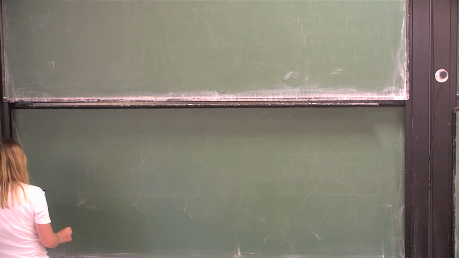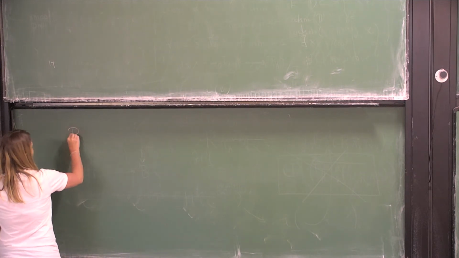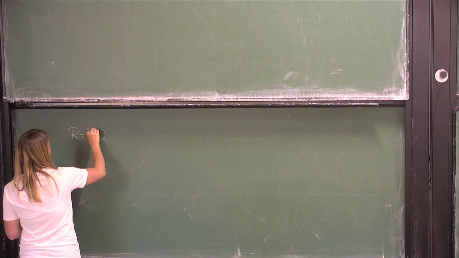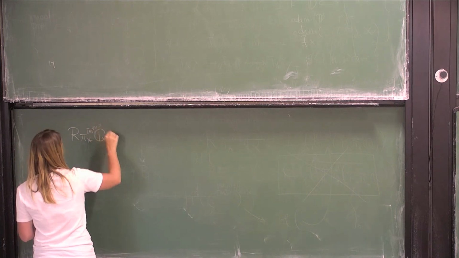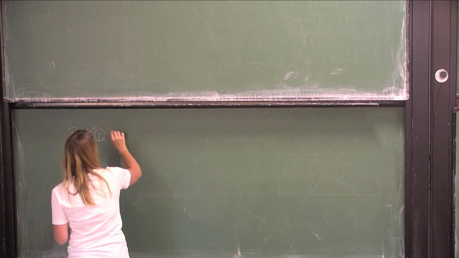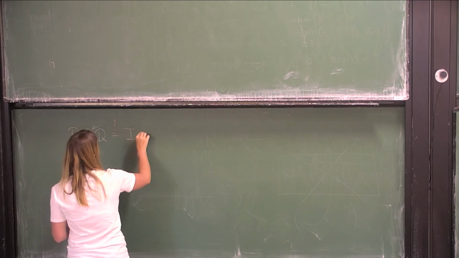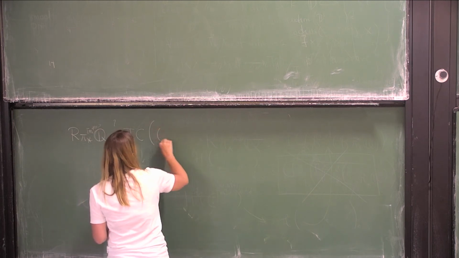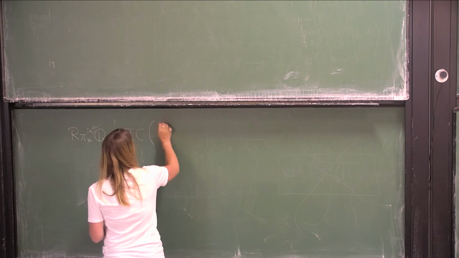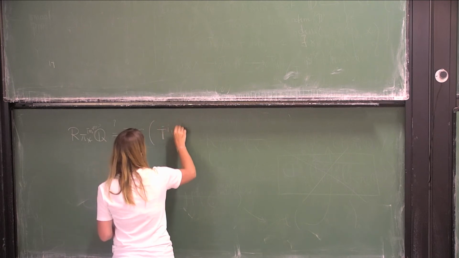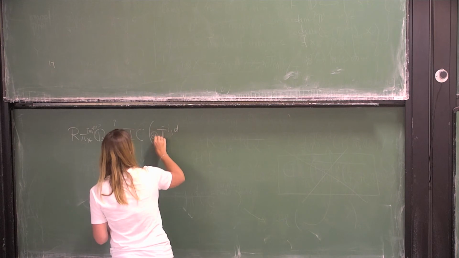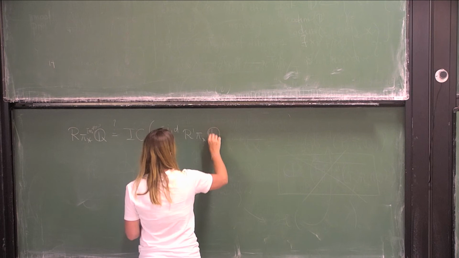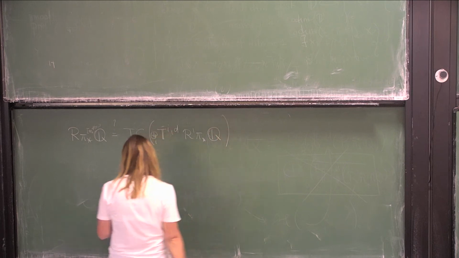So let me just rewrite our equality. I have R T star n minus 1 Q, and on the other hand I have IC of T ID, sum over I, R1 Q, and the same for Hilbert.